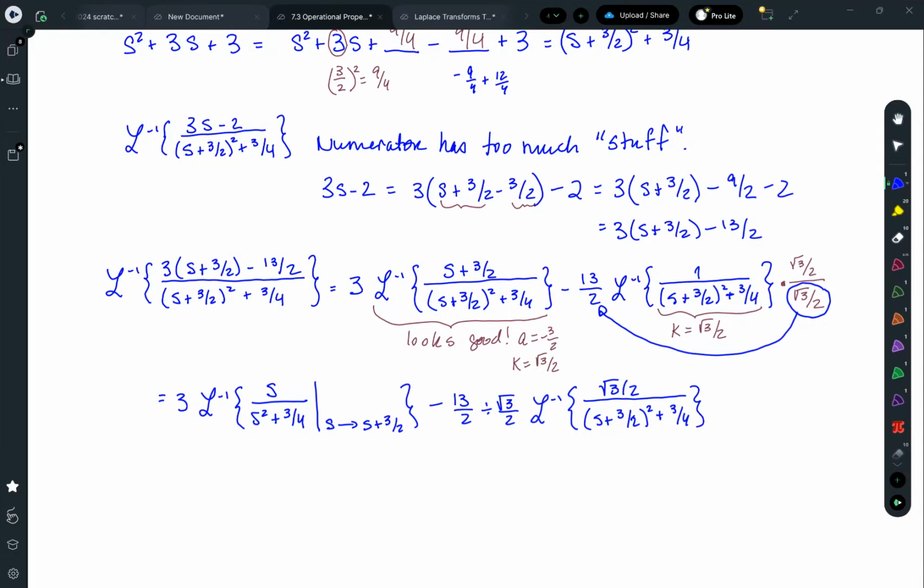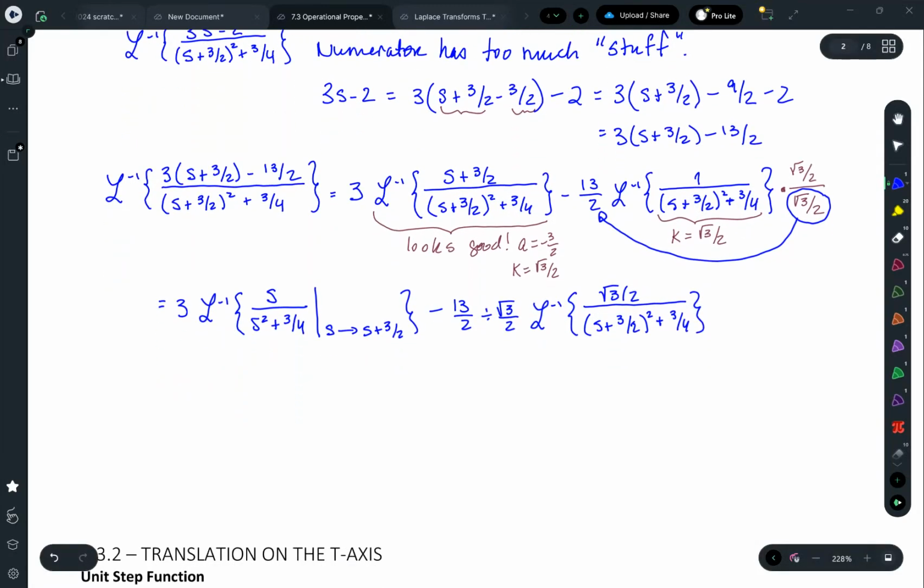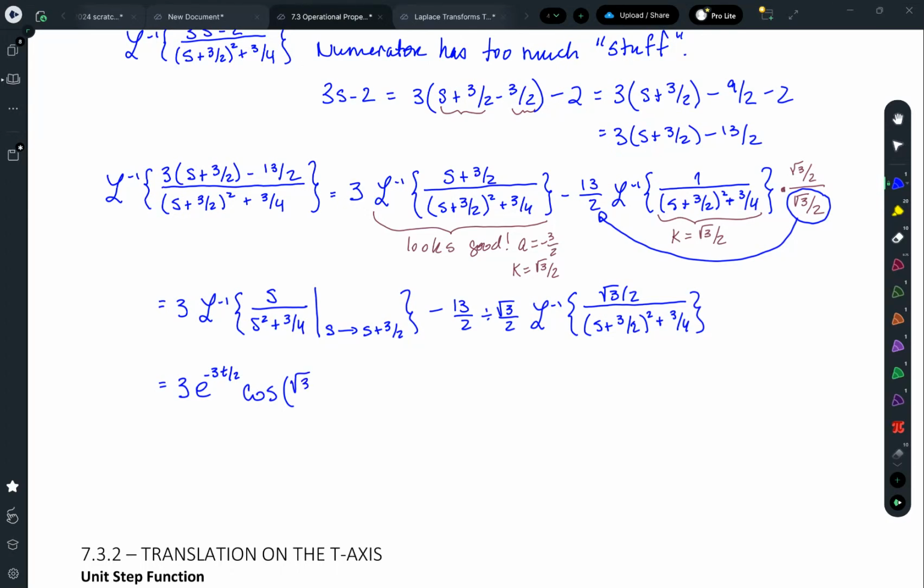I'm really trying to take each of these step by step here. All right, the first one is perfect. I have 3. The shift tells me I have an exponential multiplier of e to the minus 3t over 2. And then the s over s squared plus 3/4, that's going to give me a cosine of kt, and k was the square root of 3 over 2. And then that's times t.